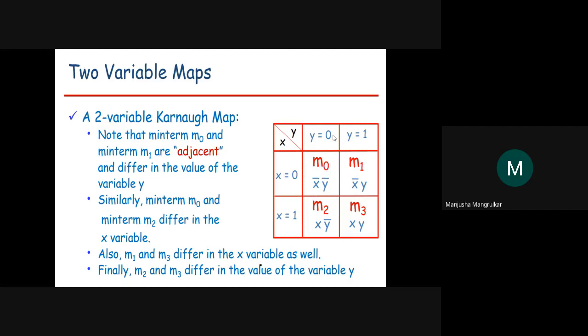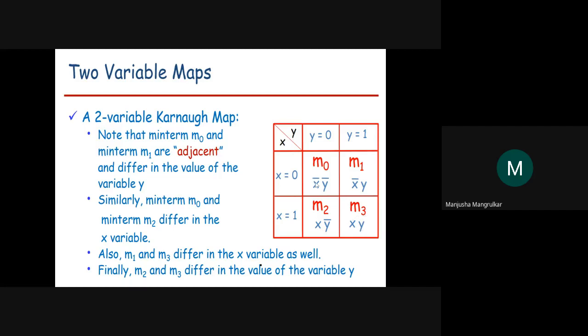Here m0 has y0 and m1 has y1. Means this block term is x0, y0. This block term m1 is what? x0, y1, right? Now here the m2 term is x1, y0, and the m3 term is x1, y1.